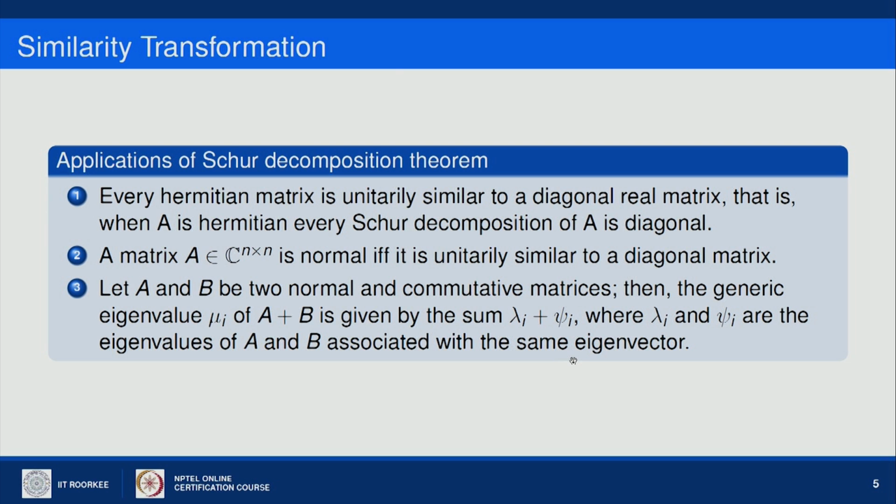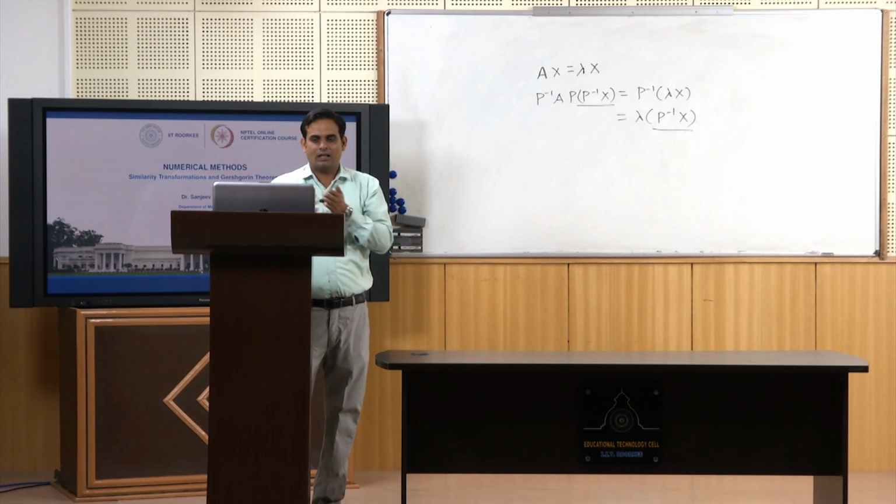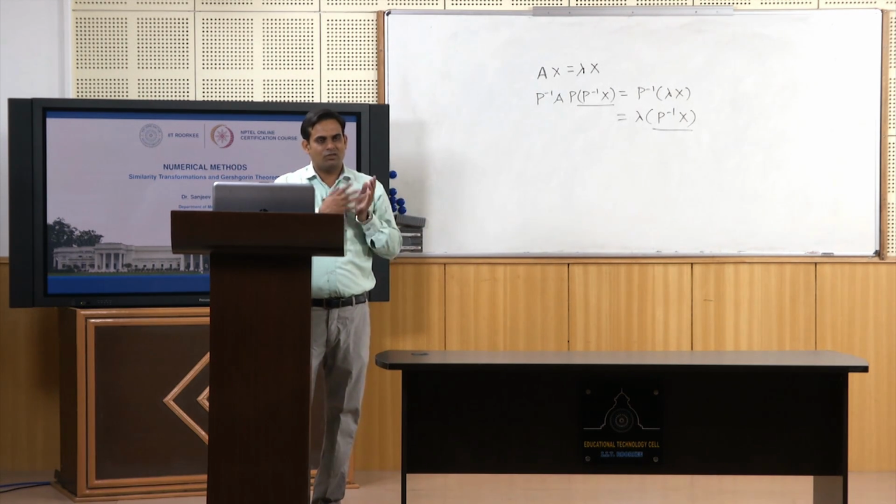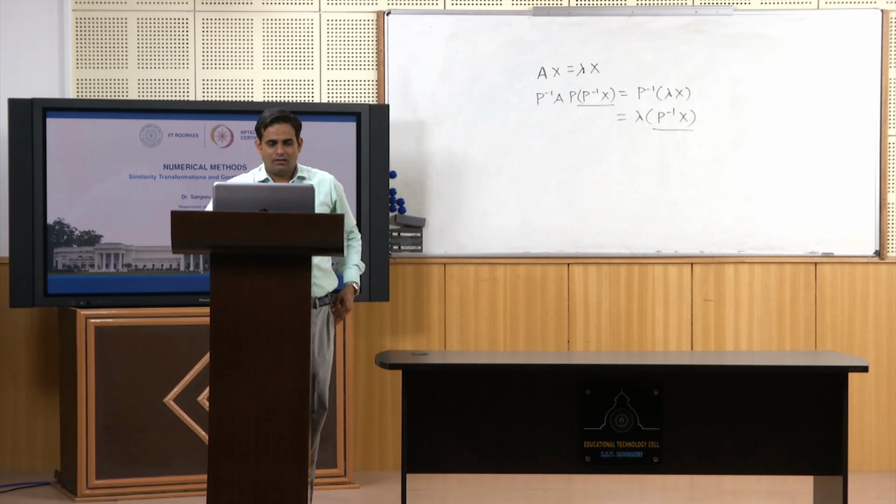Hence, if you have the eigenvalues of A and B separately, you can find the eigenvalues of A plus B. Now, we can have other variants of similarity transformation. One of them is called the Jordan canonical form. So, what is that?